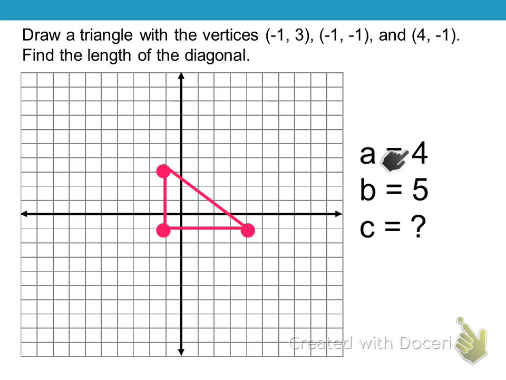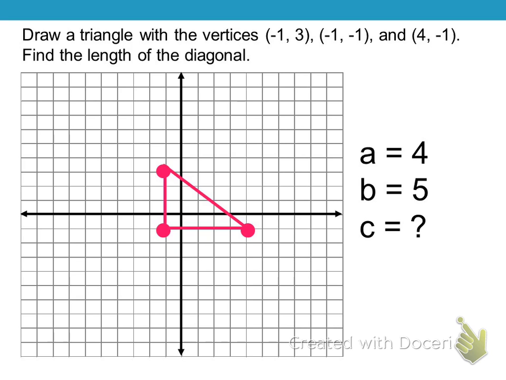So that's where A equals 4 came from. Down here, there's 5: 1, 2, 3, 4, 5. But here you can't really count because it's a diagonal. It doesn't really fit perfectly, so you can't just jump count it.